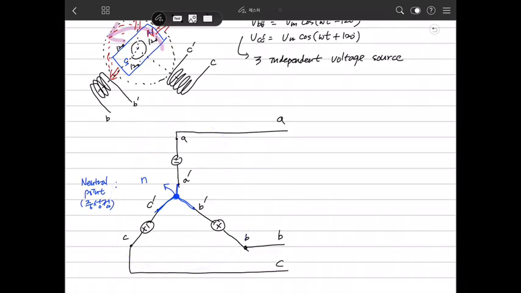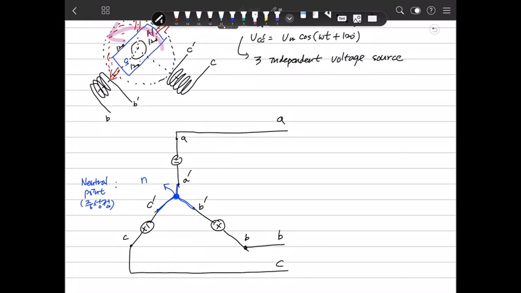So we call this is a phase, A phase, and we call this is a B phase, and call this is a C phase.